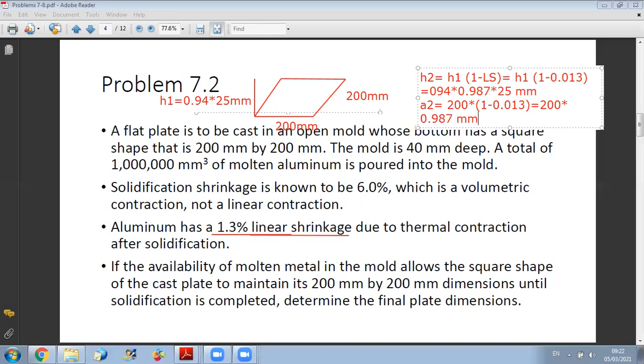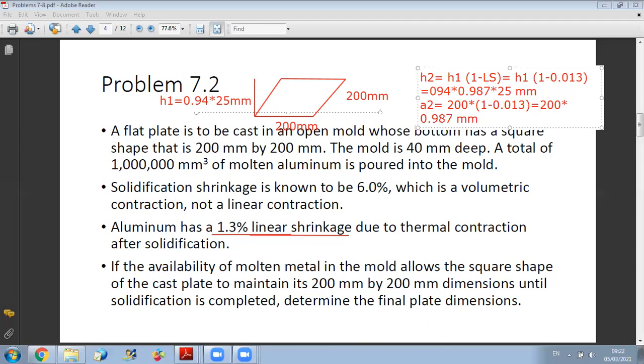Now, if they ask you to calculate the total volumetric reduction, what you do is you calculate the initial volume, you calculate the final volume, and you take the ratio. Then the total volumetric shrinkage will be 1 minus this ratio.